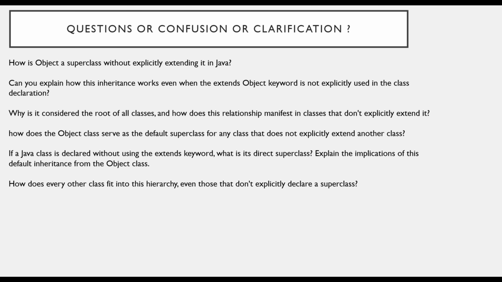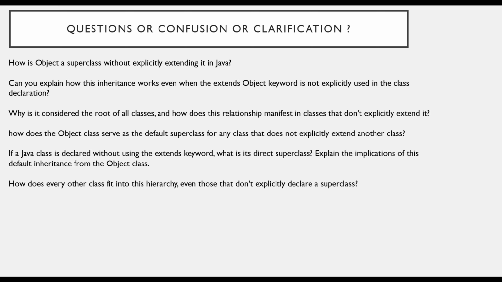You must be wondering, without writing extends, how this particular Object class is a superclass of all the Java classes. In an interview, can you explain how inheritance works even when, with the extends keyword, Object is not explicitly used in the class declaration? Why is this considered the root of the classes, and how does this relation manifest in classes that don't explicitly extend it?